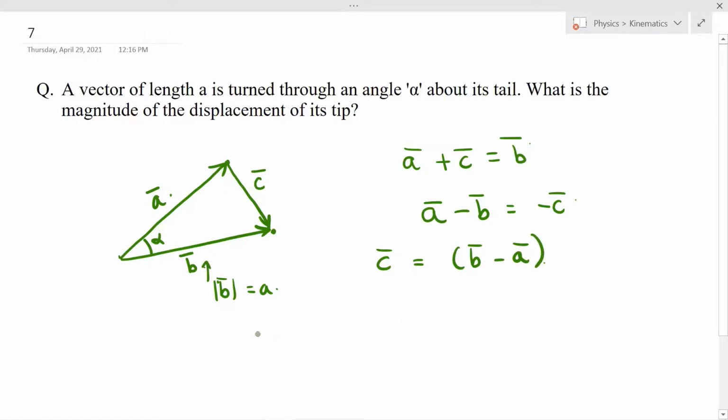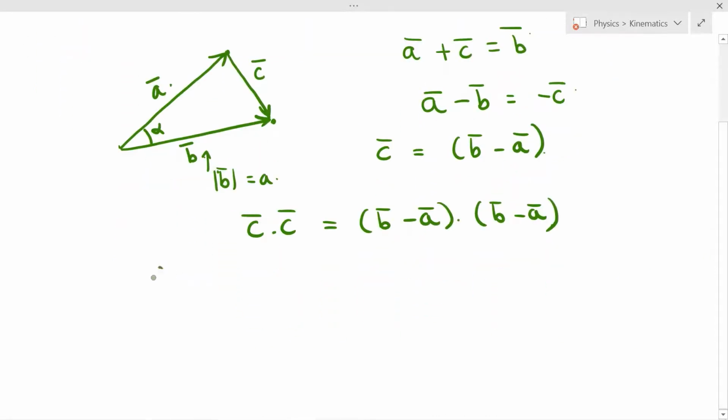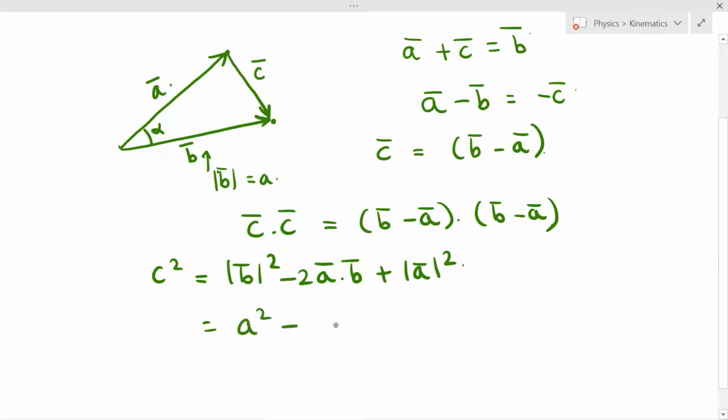Now let's dot these two with themselves. So this becomes b bar minus a bar dot b bar minus a bar. So this becomes c square is equal to b bar modulus square minus 2a bar dot b bar plus a bar modulus whole square. Now b bar modulus is a, so a square minus 2a square cos alpha plus a square.